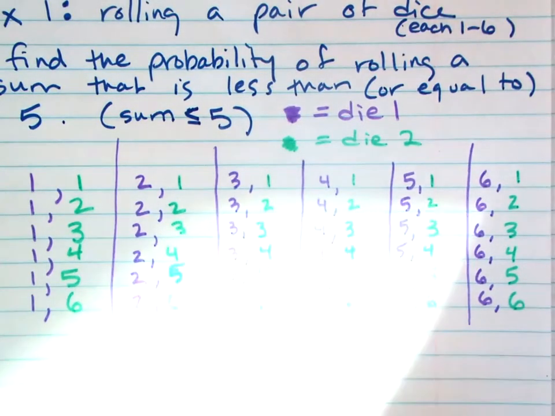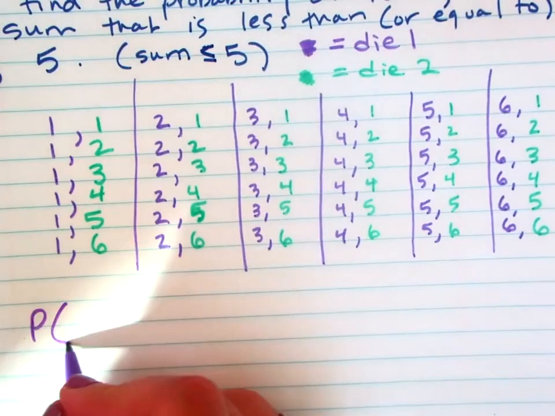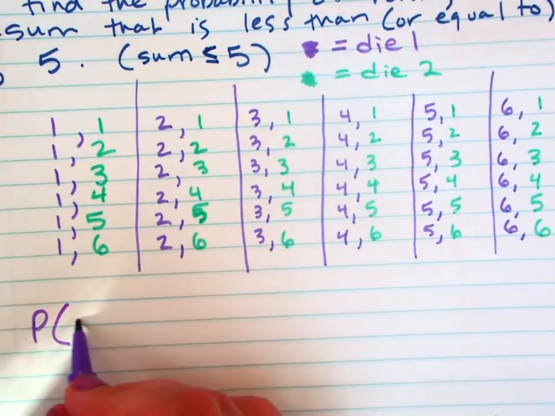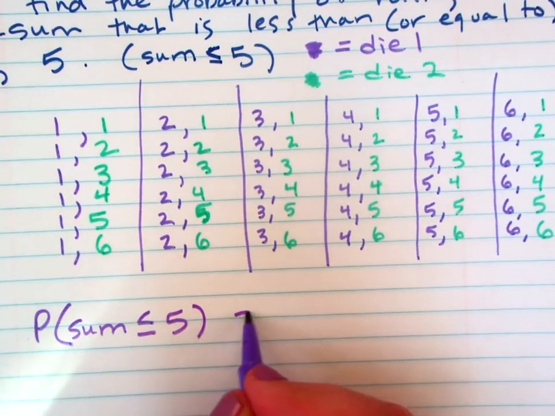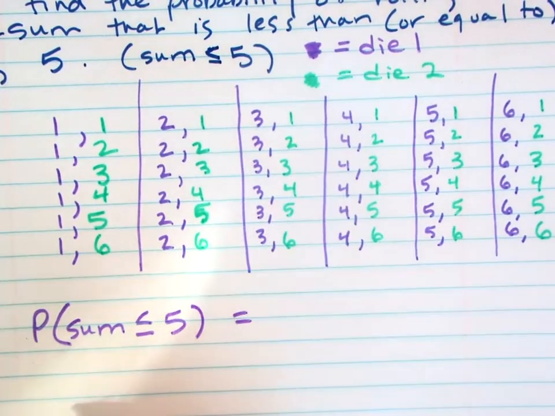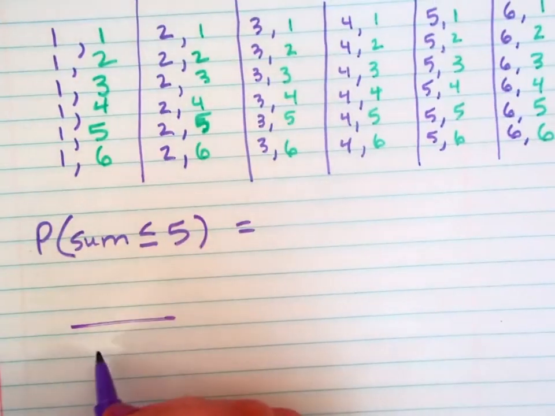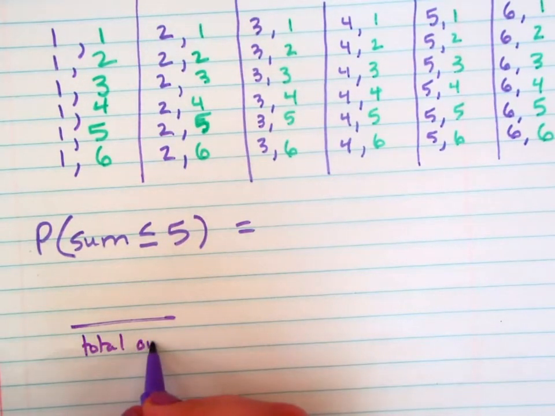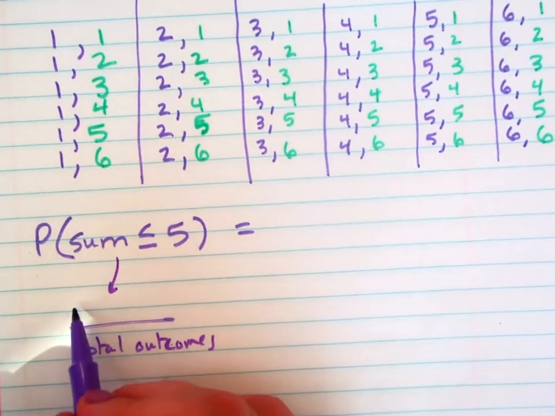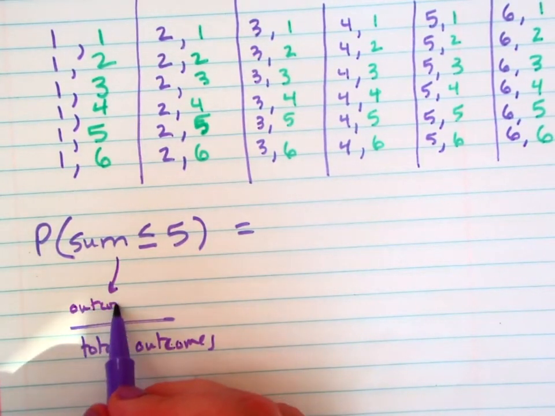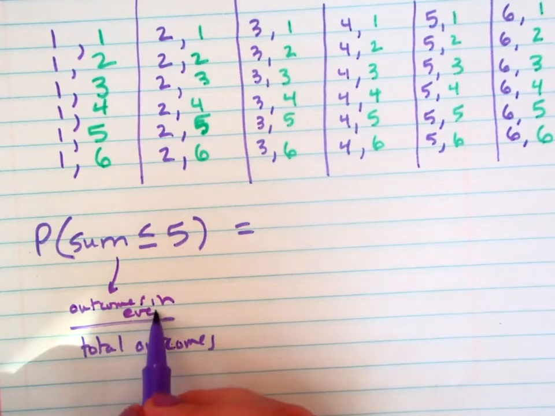So remember, when we're finding a probability of anything, we're going to look at our total number of outcomes. It's going to be the outcomes in the event divided by the total outcomes.